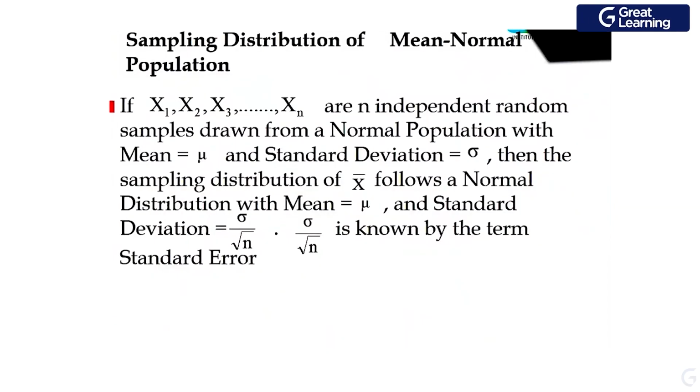So, to summarize this and give a small mathematical expression, if I have a generalized theorem, if x1, x2, x3, etc., xn are n independent random observations drawn from a normal population, all independent and random, whose mean is mu and standard deviation sigma, then the distribution of x bar is also normally distributed with mean mu, the same mean, but the standard deviation sigma divided by root n instead of sigma.